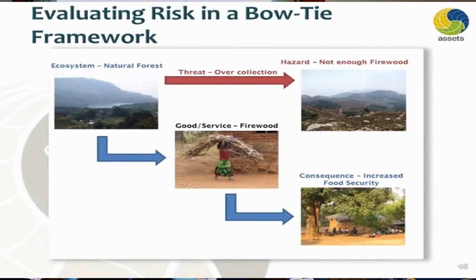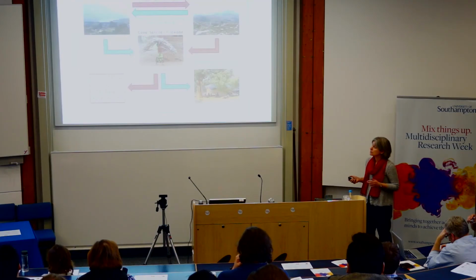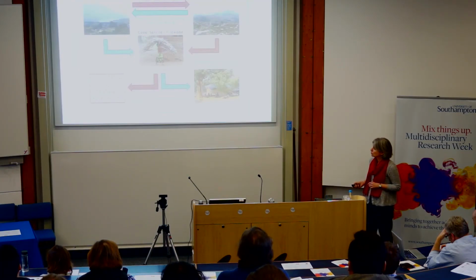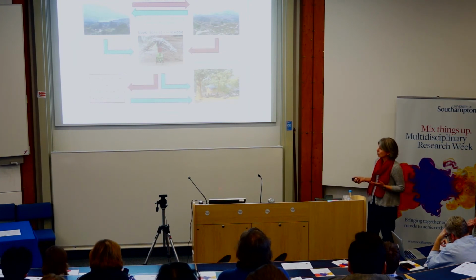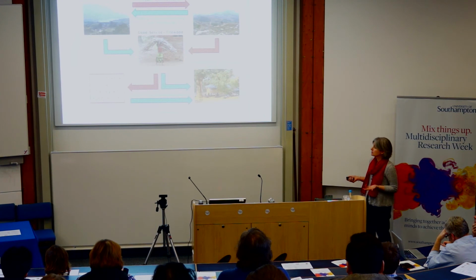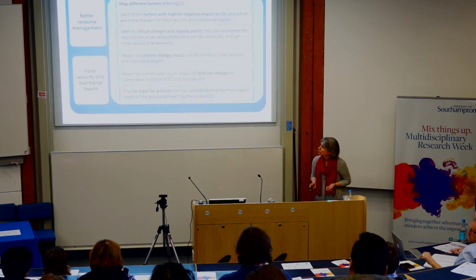But you can have over-collection, which then leads to not enough firewood, and a consequence is decreased food security. So there's 2 ways of tackling that. You can either go for the prevention approach, perhaps a new community-based institution that manages the resource better, and you can also go for the management of the consequence at the end, so perhaps providing food aid if people are hungry or charcoal if they've run out of fuel wood.